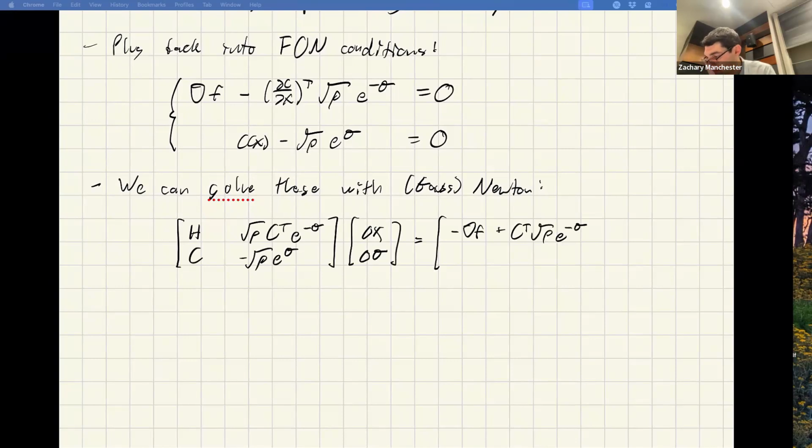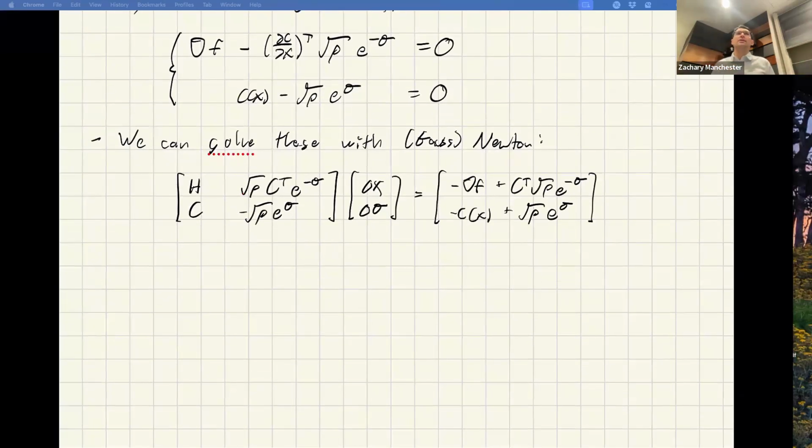This is just me writing out the Taylor expansion, the Newton stuff, right? That's what it looks like if you turn the crank. Pretty nice. Okay, so we're going to do this, and we're going to do it on a specific example.